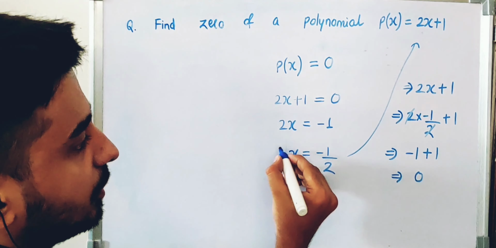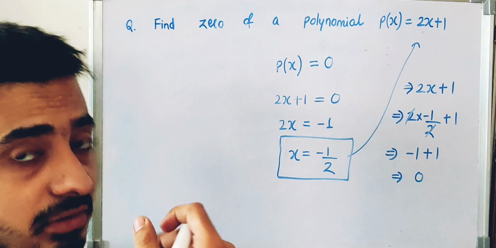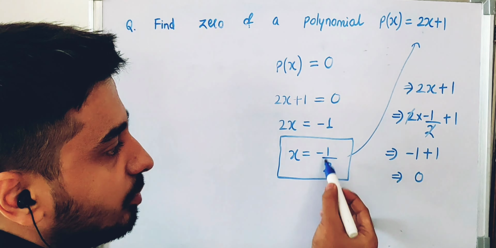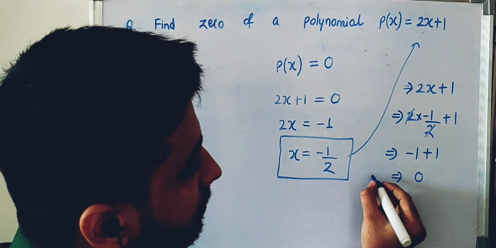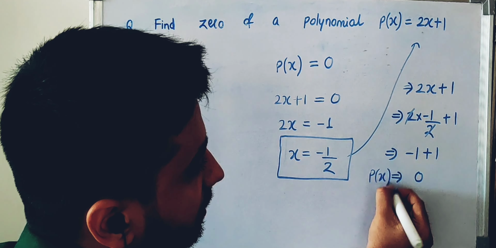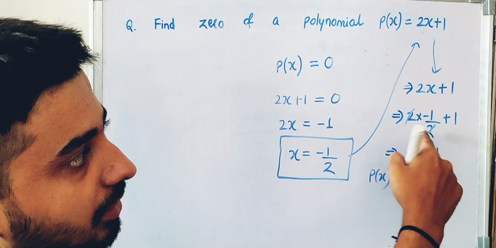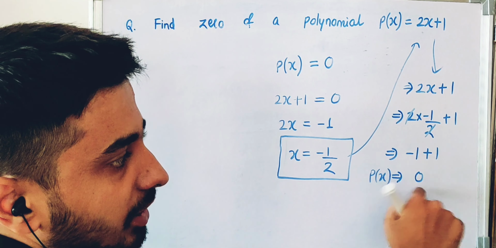So the zero of the polynomial is -1 by 2. And what is the meaning of that? When we put the value -1 by 2 in this equation, p of x will come 0. By putting the value of x as -1 by 2 in 2x plus 1, we are getting 0.